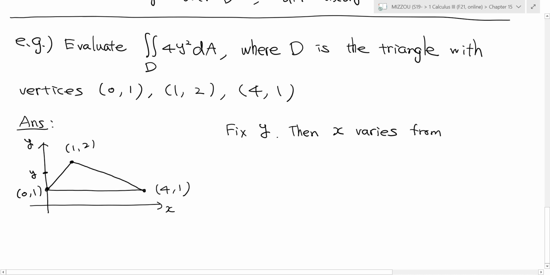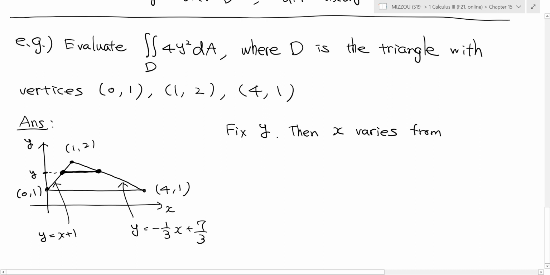Namely, for each y, in order to be inside the triangle, you have to be in between those two points here. What is the x coordinate of this point? What is the x coordinate of this point? For this, you have to calculate the equation of this line. This is y equals x plus 1. And this line is y equals negative 1/3 x plus 7/3.